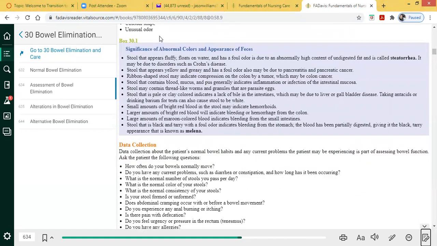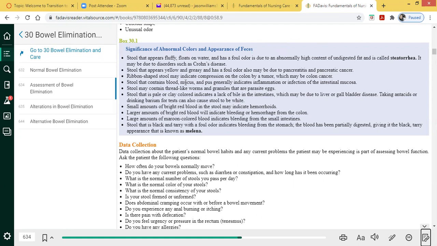And it talks about the significance of abnormal colors and appearances of stool or feces. It talks about how steatorrhea is considered undigested fat. That wouldn't be considered normal if an individual is passing steatorrhea.